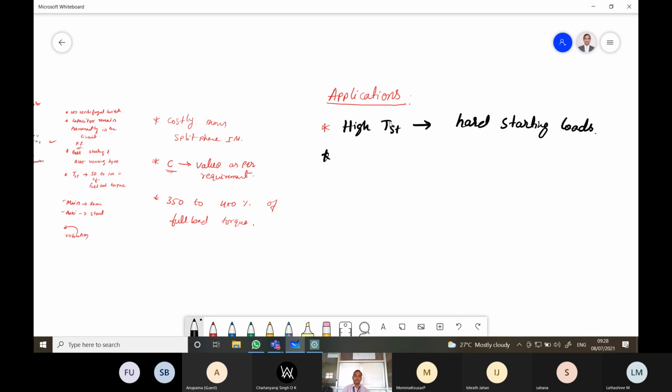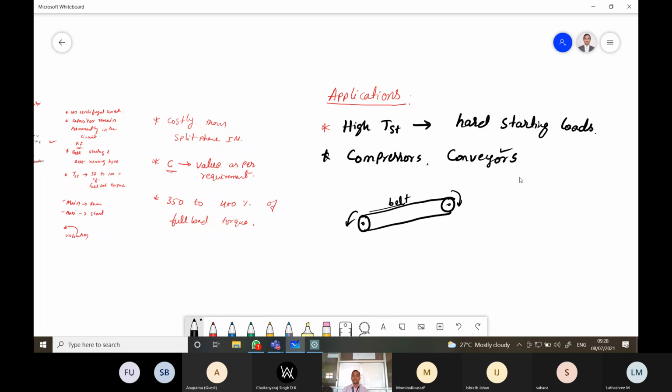Next one, it can be used in compressors and conveyors. You know the belt and conveyor, so it can be used in industries. In a conveyor belt system, one motor is rotating in one direction, another motor is rotating in another direction. So this is the type of motor where induction motors are also used.